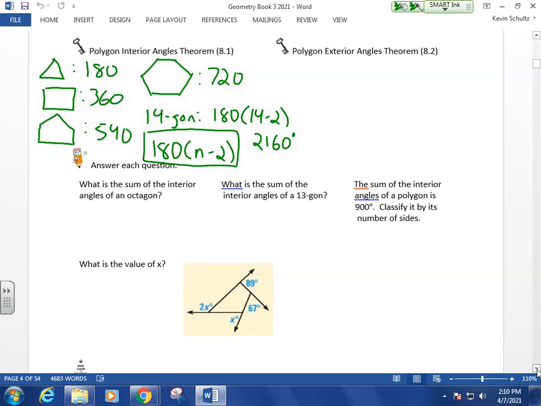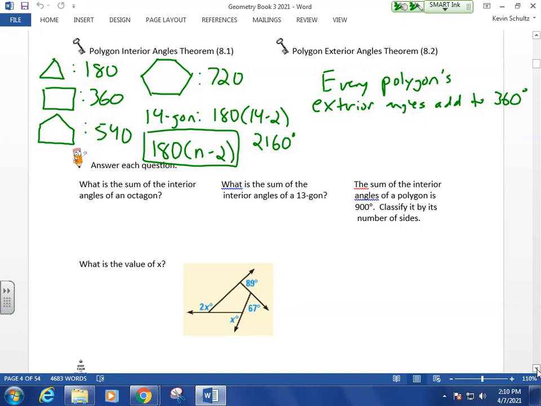Okay? The polygon exterior angles theorem is a lot simpler. Every polygon's exterior angles add to 360 degrees, regardless of whether it's a triangle, square, pentagon, hexagon, octagon, 14-gon, or whatever.